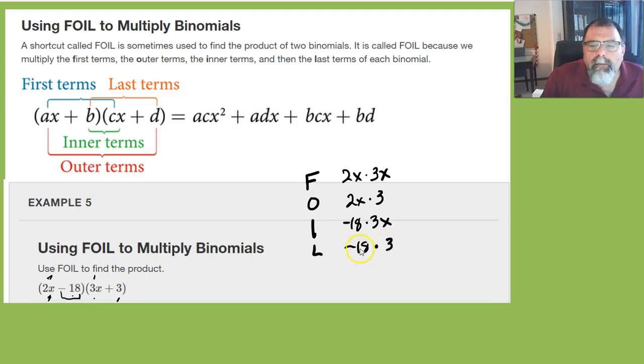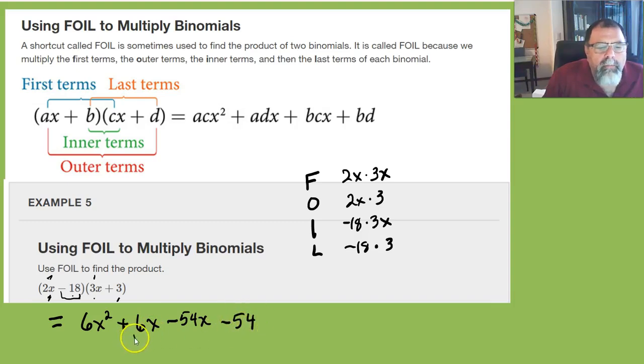So when you FOIL this, you do the 2x times 3x, so that's going to get us 6x squared. Then the outside terms, 2x times 3 is 6x. The inside terms, that would be negative 54x. And then the last terms would be negative 54.